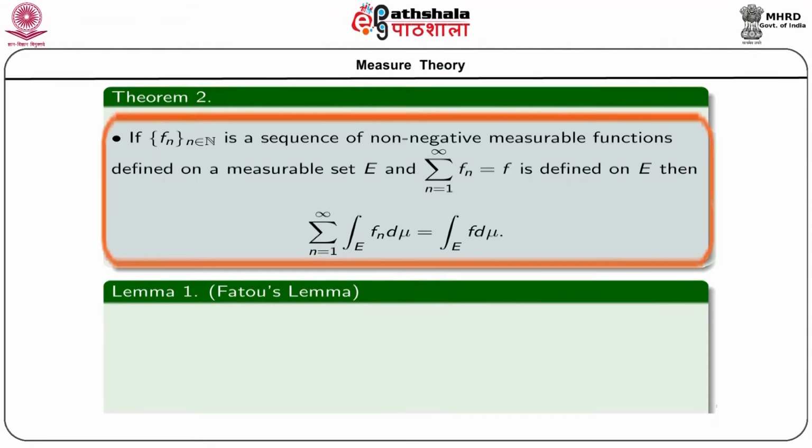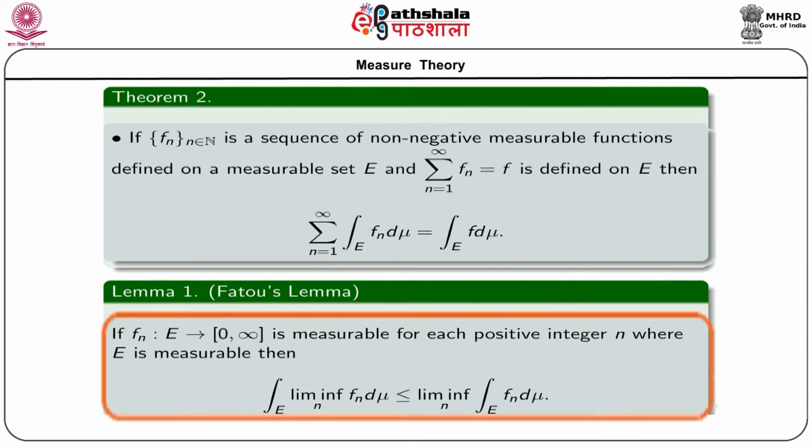We now consider another application of the monotone convergence theorem, and the statement is that if Fn from E to [0, infinity] is measurable for each positive integer n, where E is also measurable, then the integral of the lim-inf of the sequence Fn, that is lim-inf Fn d mu over E, is less than or equal to the lim-inf of the sequence of integrals, that is integral E Fn d mu.